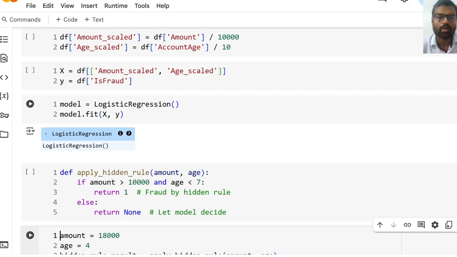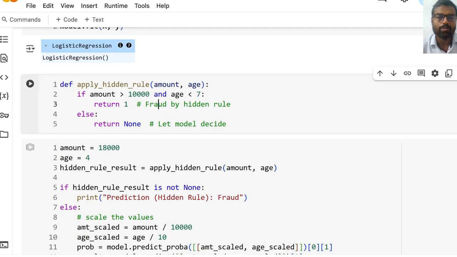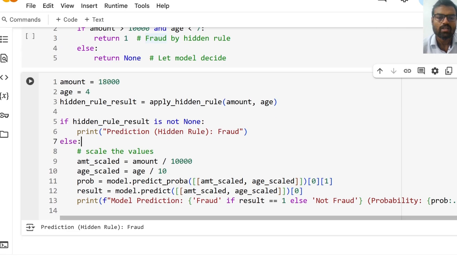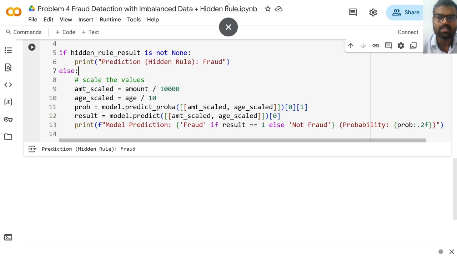Then again I take the logistic regression, feed in the hidden rule here too, and then I get the fraud here. The students are uploading this; you get this Colab file in the description. Do not miss those. You just practice.